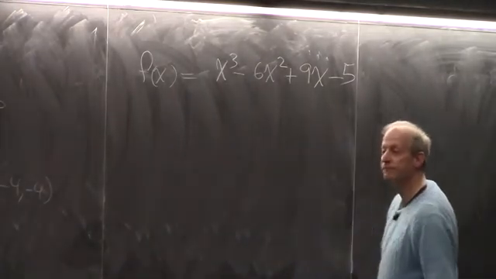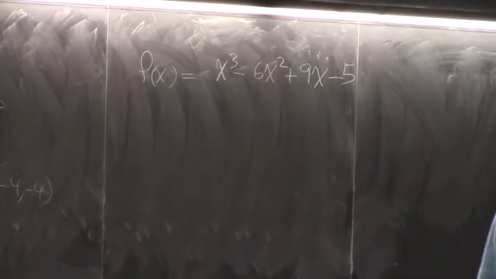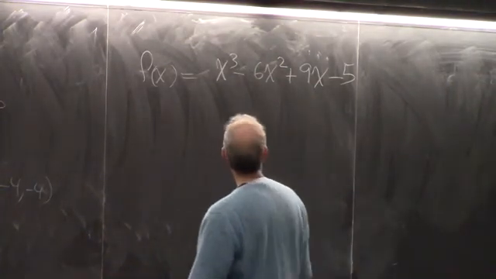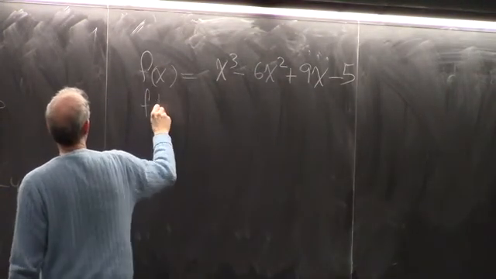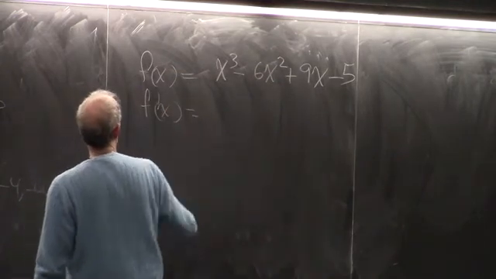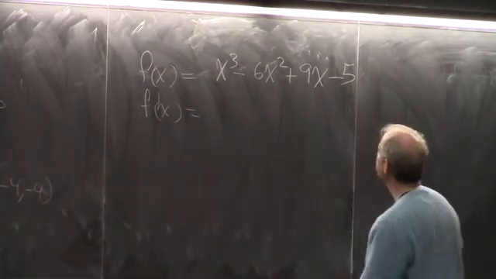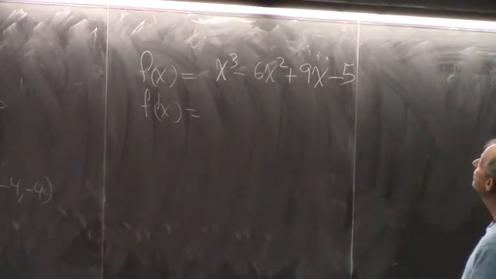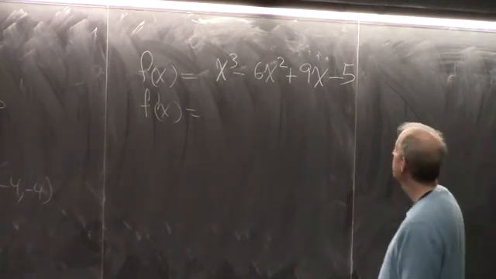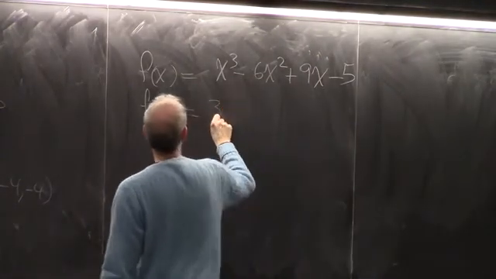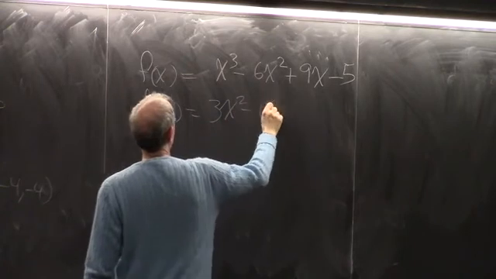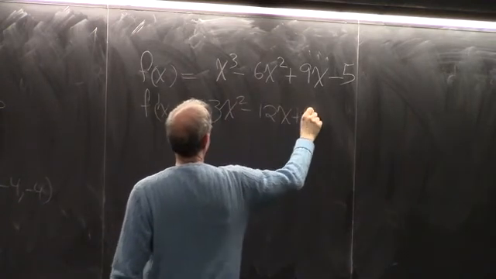Alright, that's something like that. And I want to find minimums and maximums. So rule number 1, take the derivative. Okay, so that's x cubed minus 6x squared plus 9x minus 5. Take the derivative, and you get 3x squared minus 12x plus 9.